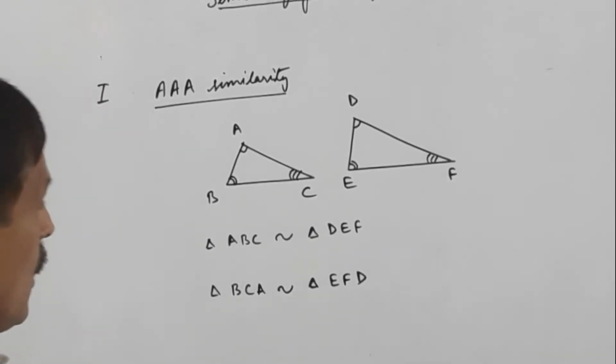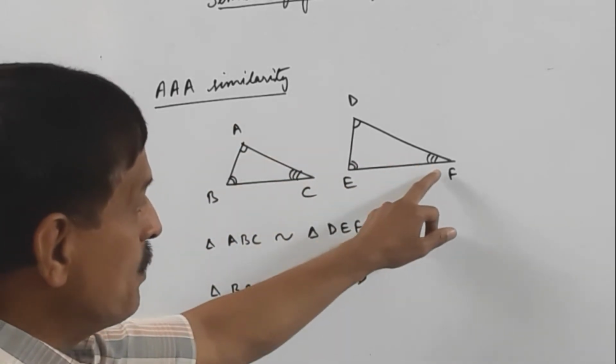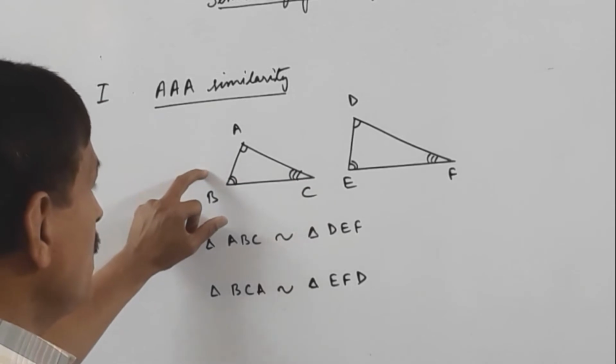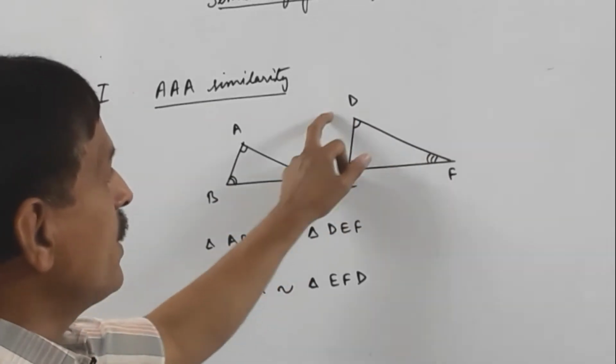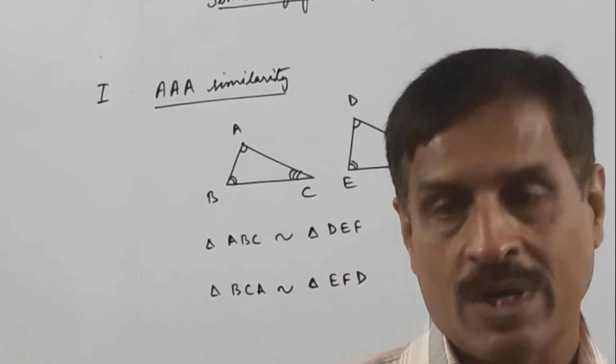Also, if we name this triangle as CBA, then it will be similar to FED, or if it is CAB similar to FDE. So naming of the triangles is very important.